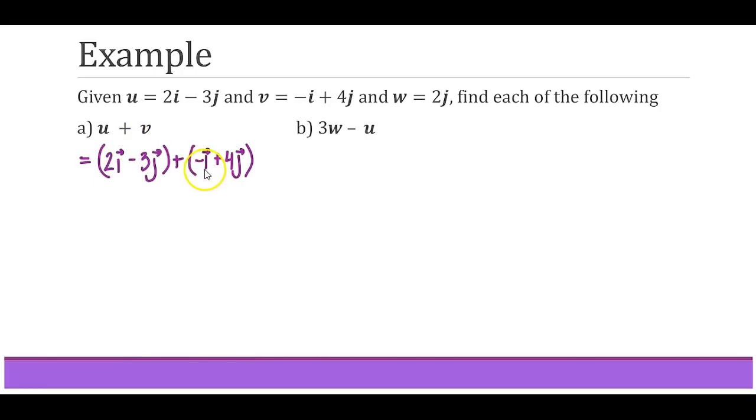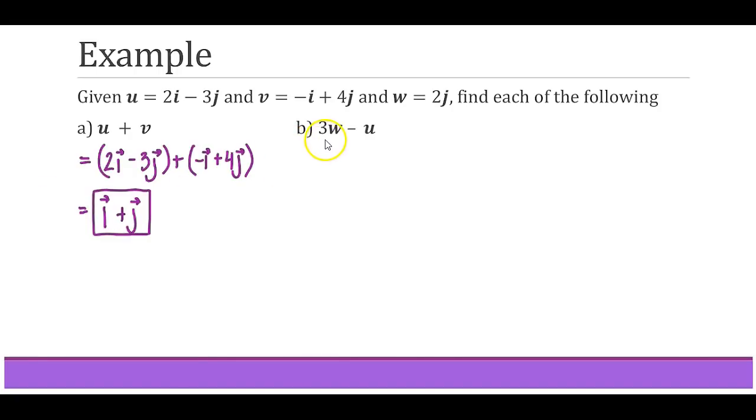We still add the components. We add 2i and -i, which gives us just i. Then -3j plus 4j is just plus j. Essentially it looks like we're adding like terms together.